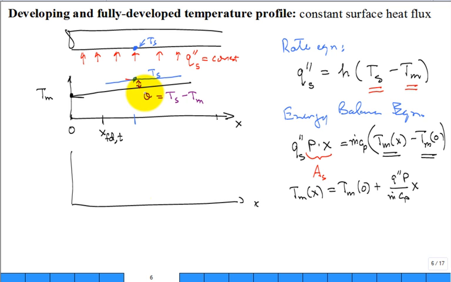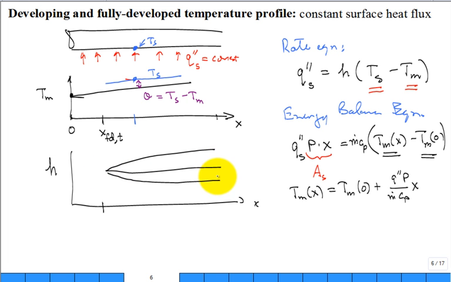So let me ask this question. At this point, I want to focus on, because you toggle between the mean temperature, surface temperature, fluxes, convection coefficient, h. Now the h, just in the fully developed region, is it a flat line? Does it still increase? Or is it going to decrease some as it goes further down the pipe?